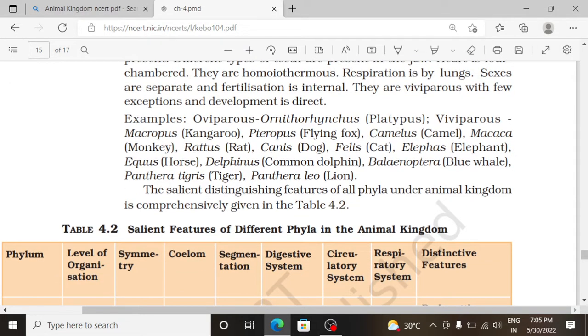Examples: oviparous, Ornithorhynchus, platypus.